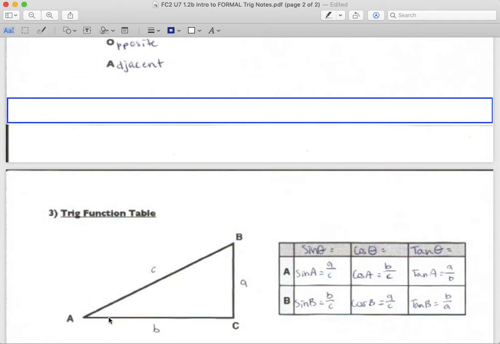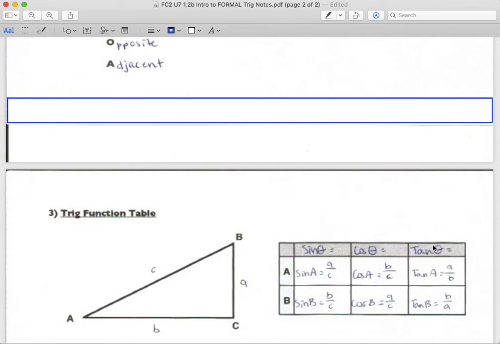So the cosine of A is going to be B divided by C. What if we switch it up and we do the cosine of B? Well, no longer is little b the adjacent side. That's the opposite side now. So it switches over. Now my adjacent side is little a. So cosine is adjacent divided by hypotenuse, so adjacent A divided by hypotenuse C.